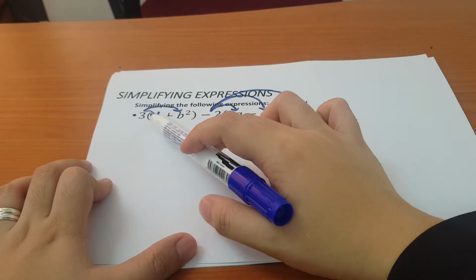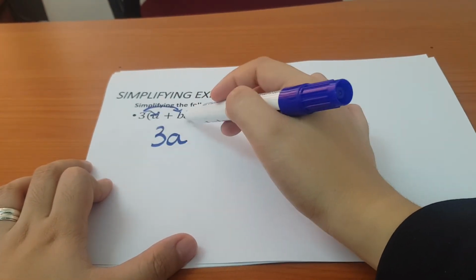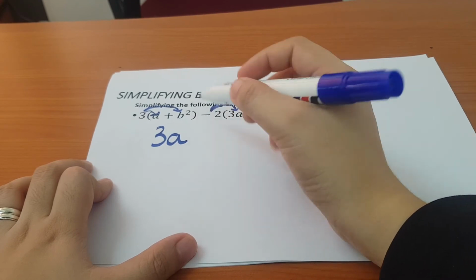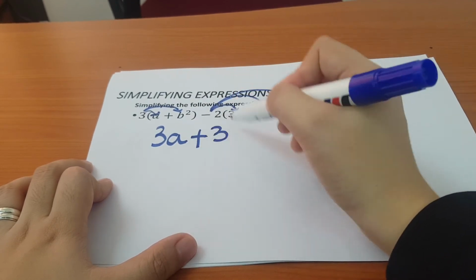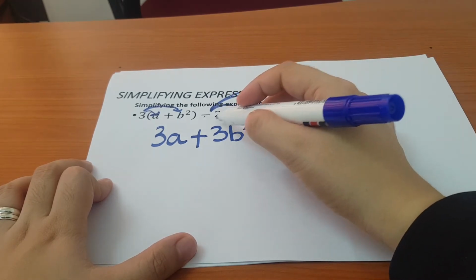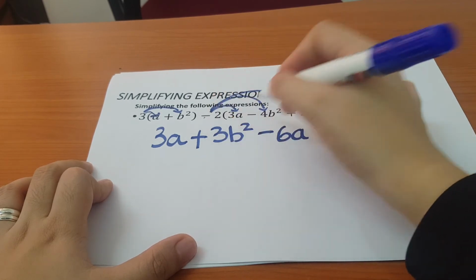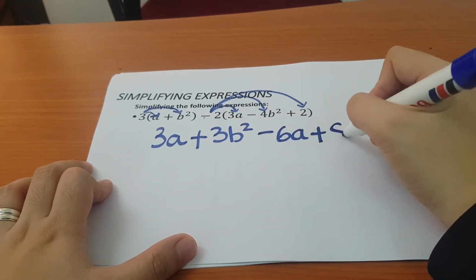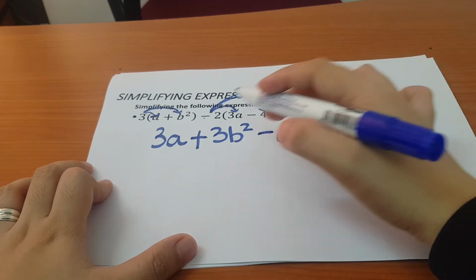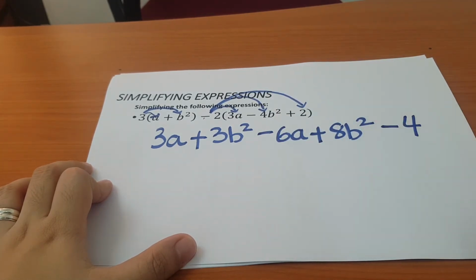So 3 into a is 3a, 3 multiplied with positive b squared is 3b squared. Negative and positive is negative. 2 times 3a is 6a. Minus and minus is plus 8b squared. Minus and minus is minus. 2 into 2 will be 4.